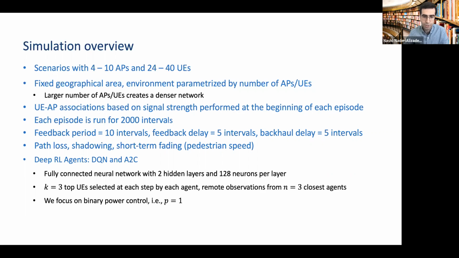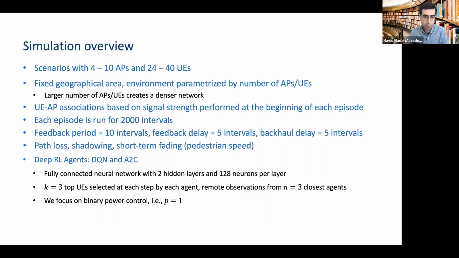In terms of how many users we focus on at each time step, we just focus on the top 3 UEs for each access point. And for the remote observations that each agent gets from its neighboring agents, we assume that it's also equal to 3, regardless of how many agents. So even if we have 10 access points, the observation exchange just happens with the 3 closest agents of each access point.